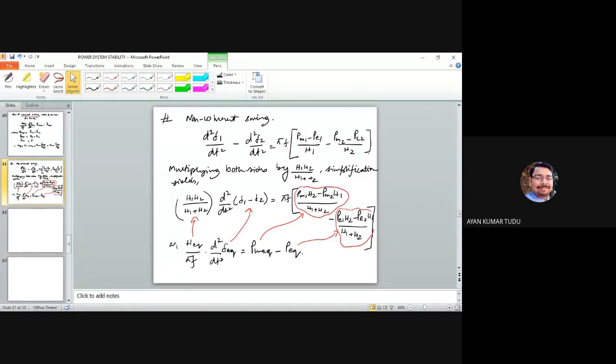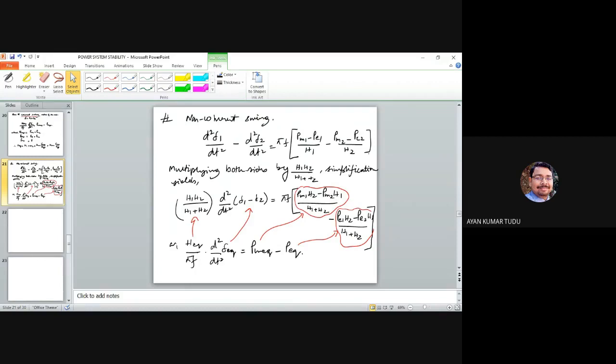In a multi-machine system, a single machine is chosen as the reference, and the rotor swings, that is the changes in power angles of the remaining machines, are determined relative to the reference machine.